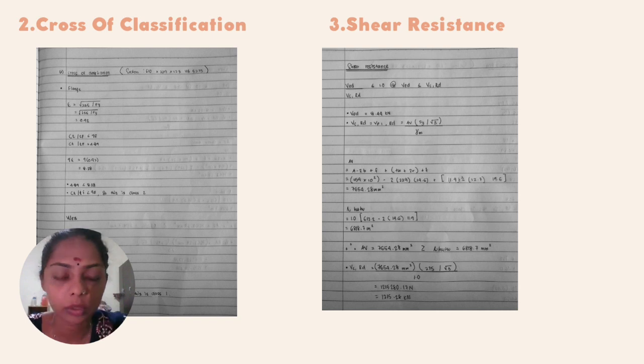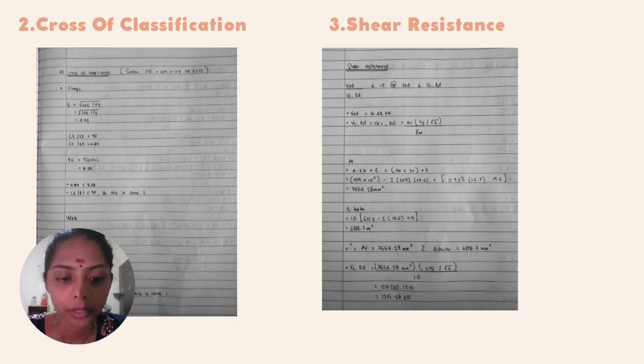So the value of AV is 7654.28 mm², and the value of η hw tw is 6818.7 mm².